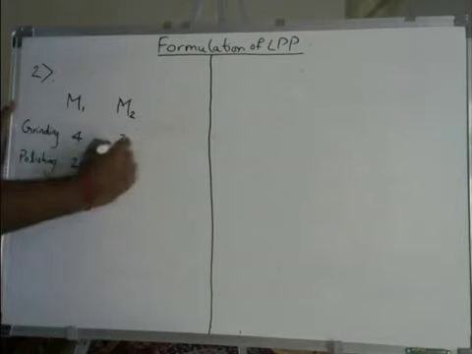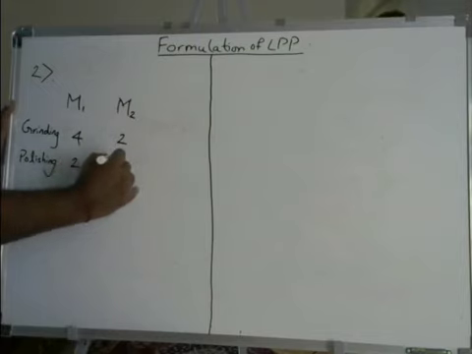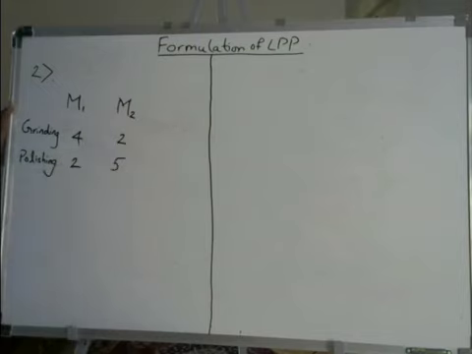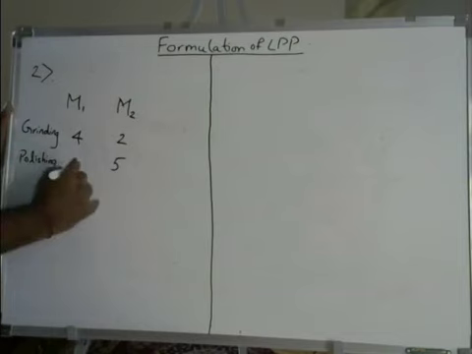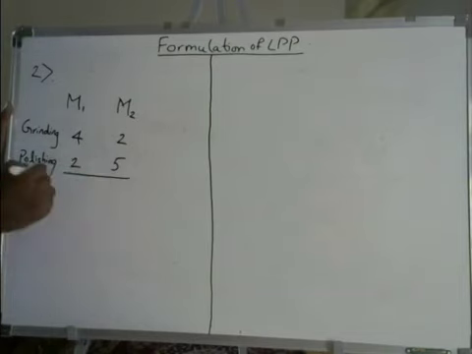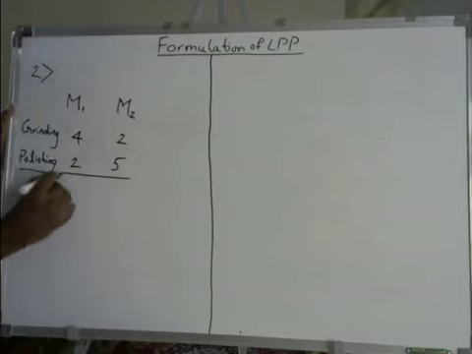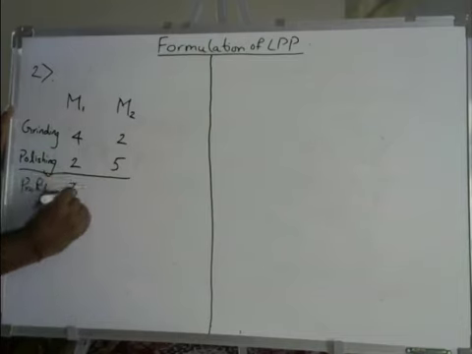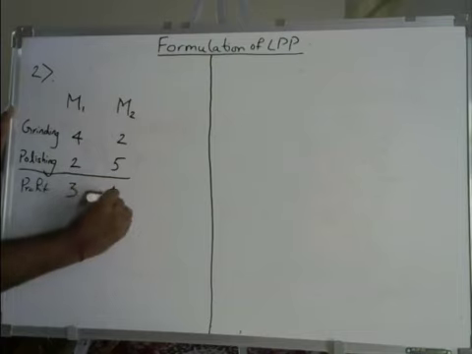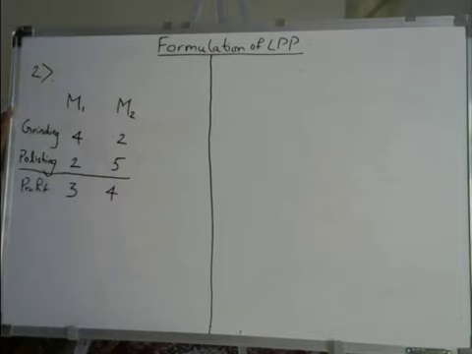And M2 requires 2 hours of grinding and 5 hours of polishing. Now, the profit on product M1 is rupees 3 and the profit on M2 is rupees 4.